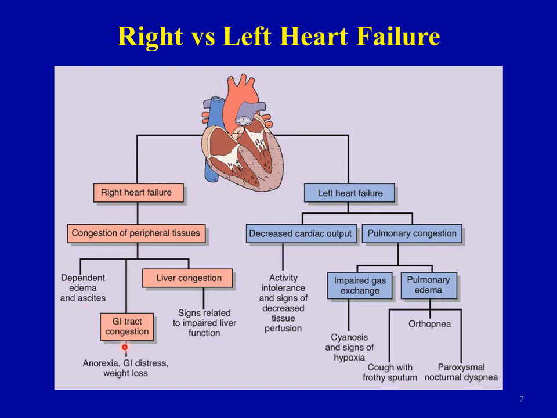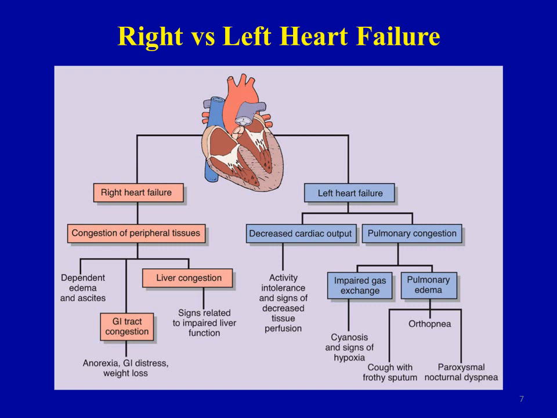Back pressure on the veins draining the GIT will lead to GI tract congestion, especially of the mucosa. This will lead to anorexia or low appetite, GI distress, and loss of weight. Congestion of the liver will lead to hepatomegaly as a sign, and also impaired liver function tests, if a blood test is done.